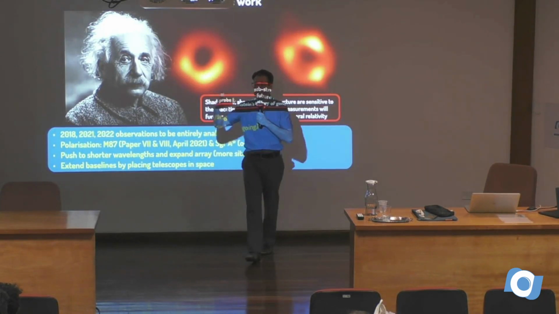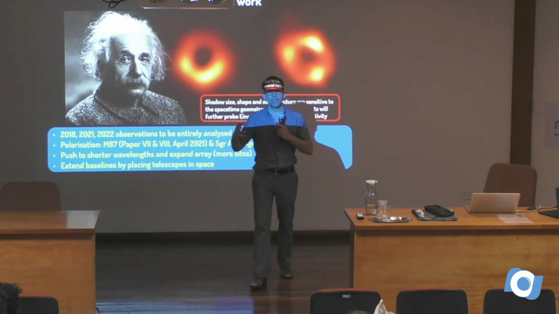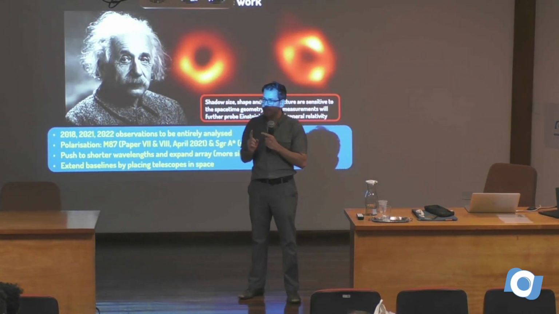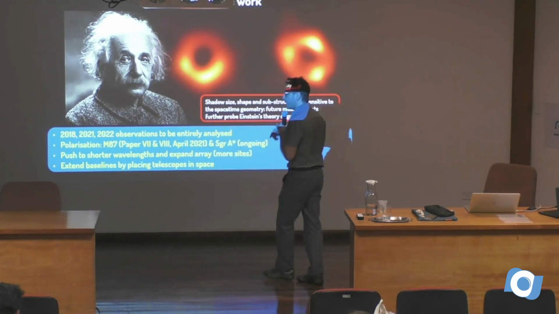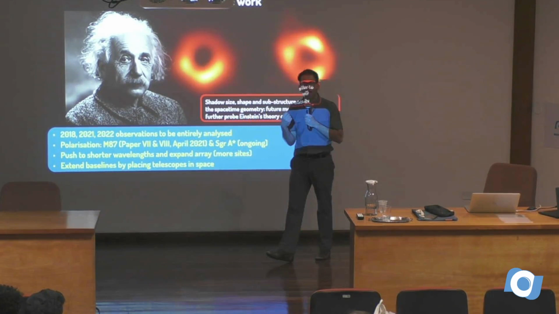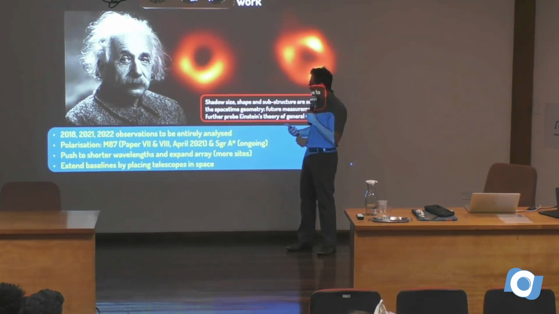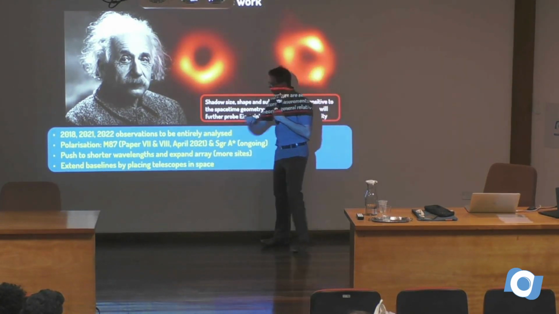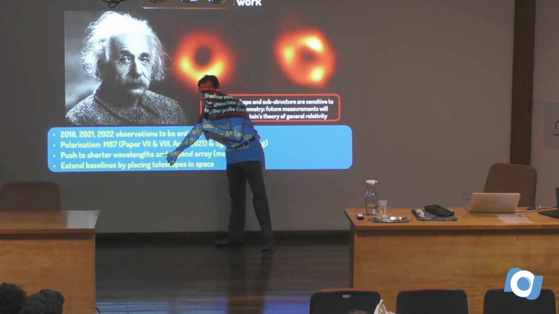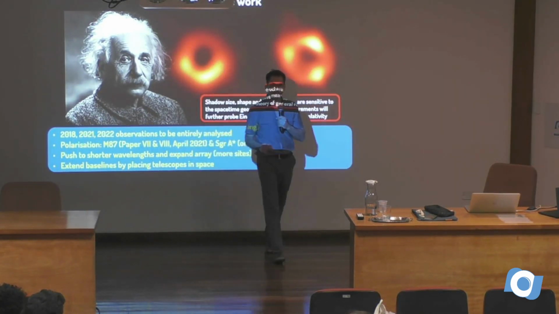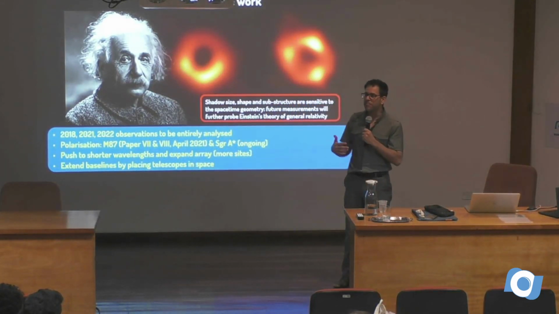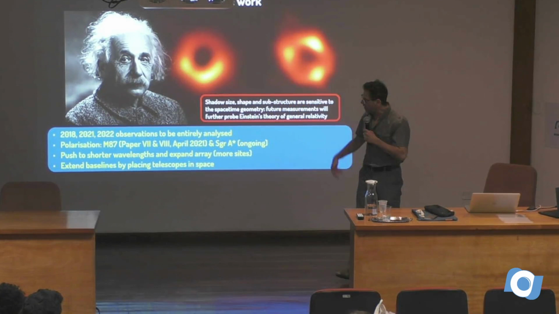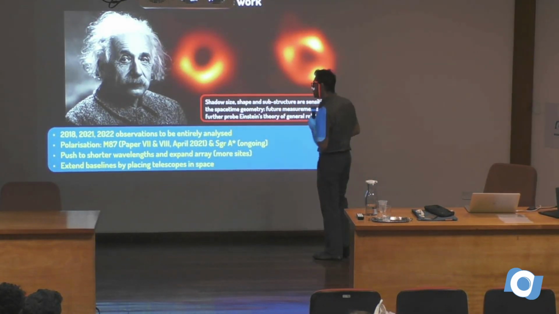We are adding telescopes, which means that the fidelity of our image will be better because you have a better sampling of the UV coverage. So the images that we will get will be more accurate and of higher fidelity. More important, we are pushing to shorter wavelength, higher frequencies. So we will be observing this year at 345 gigahertz with respect to 230 gigahertz. So we are going to improve our resolution by 50%, okay?